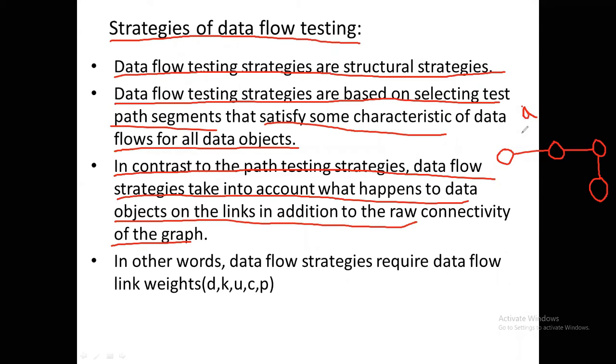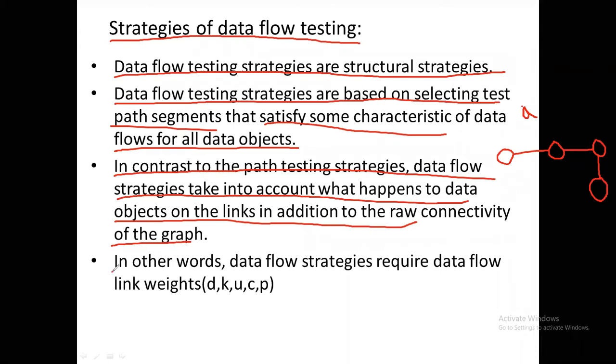You can specify that. Okay, so data flow testing strategies are based on selecting test path segments that satisfy some characteristic of data flows for all the data objects. In other words, data flow strategies require data flow link weights.